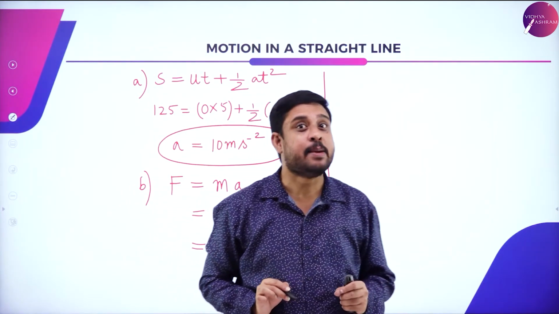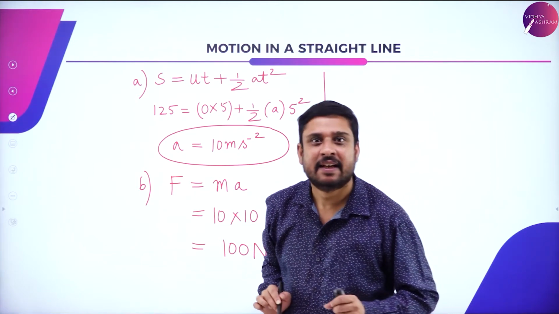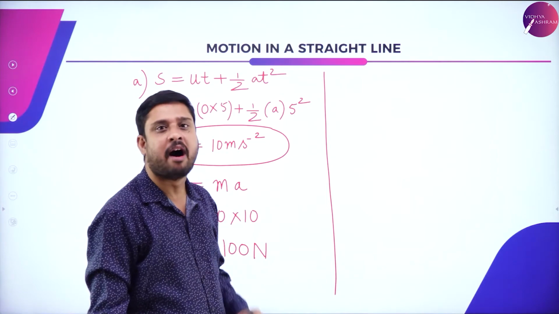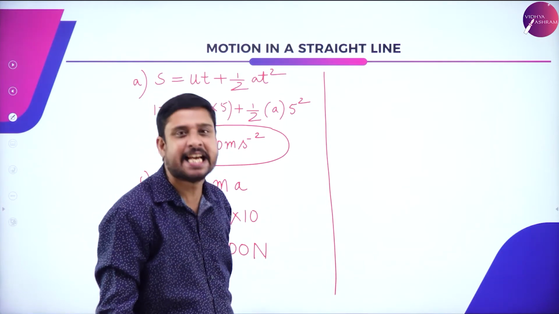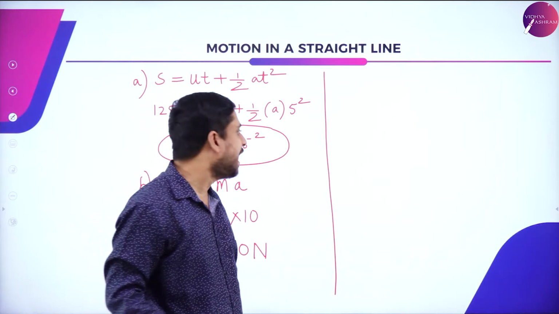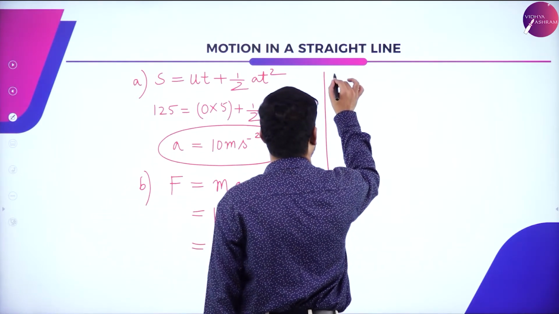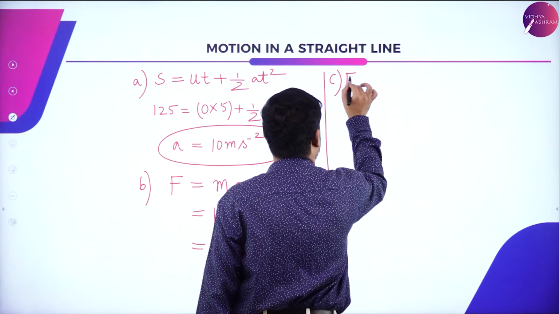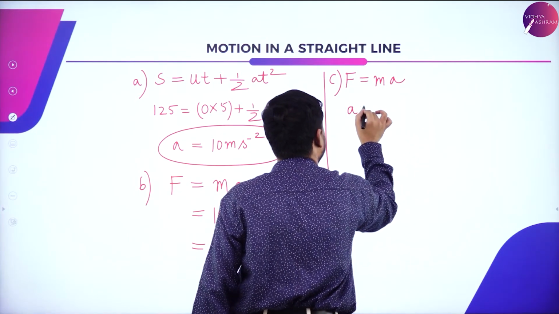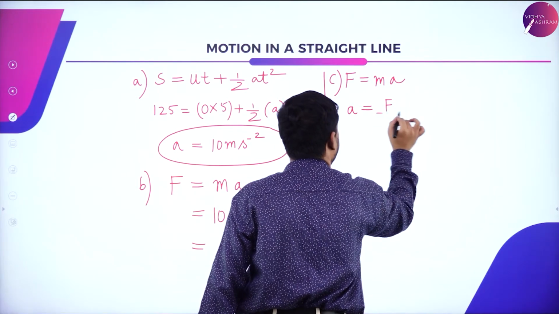So the force acting on a body of mass 10 kg is 100 Newton. The same force will act on the body of mass 15 kg, for which I have to calculate the acceleration. So we know F is m into a, a is F by m.